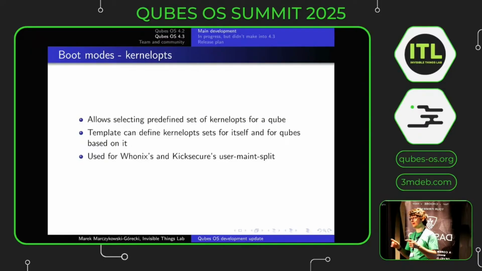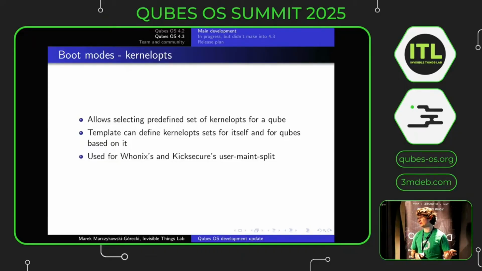They simply have a boot menu in GRUB with different options, whether you want to boot as a normal user, and then you don't have access to root at all, or for maintenance, then you have root access, but most of the services and processes are disabled. So this is quite extreme hardening here.